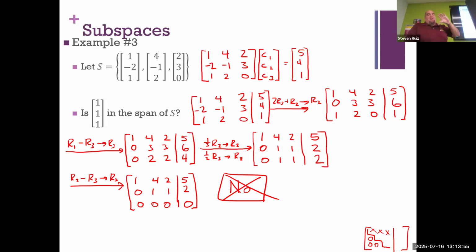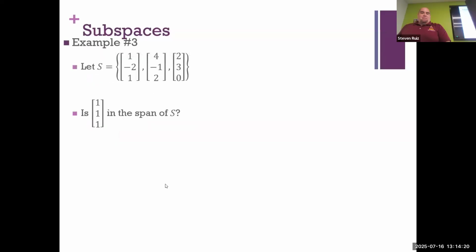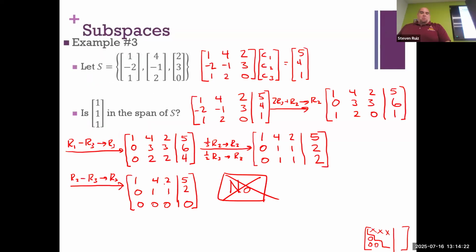So now that we're looking for 5, 4, 1 in the span of these three vectors, what did we find out? Does it work? Does it exist there? It exists. So is 5, 4, 1 in the span of S? Yes. Okay, if we're saying yes, then we should be able to talk about what combination makes it happen.